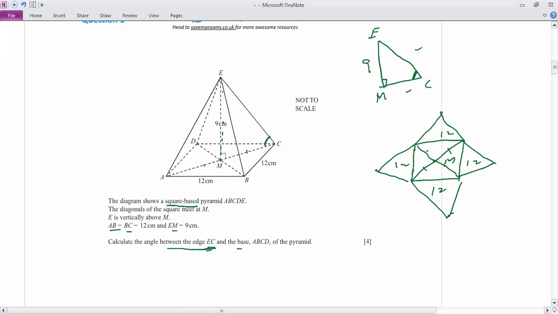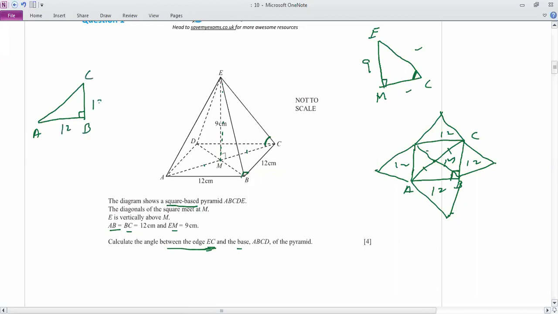So for that, the easiest thing is, first I will find this diagonal. I will consider this triangle ABC, because this angle will be a right angle. You can see this is A, this is B, and this is C. So this angle is the right angle. ABC will be a right angle triangle.